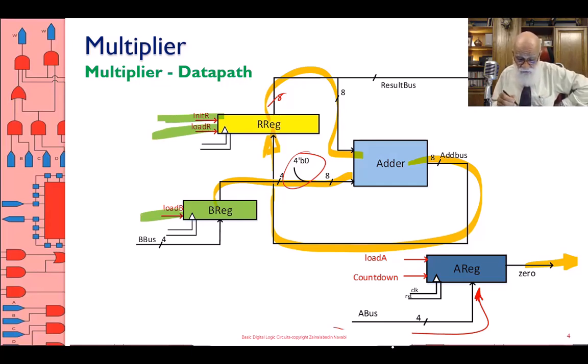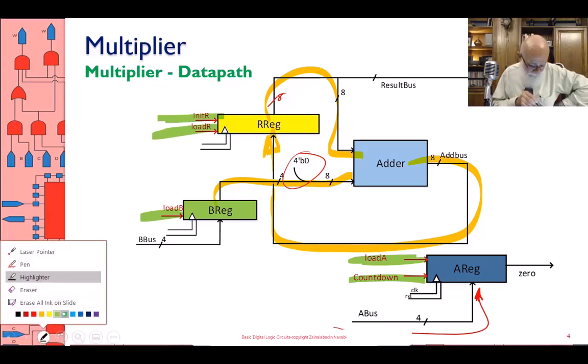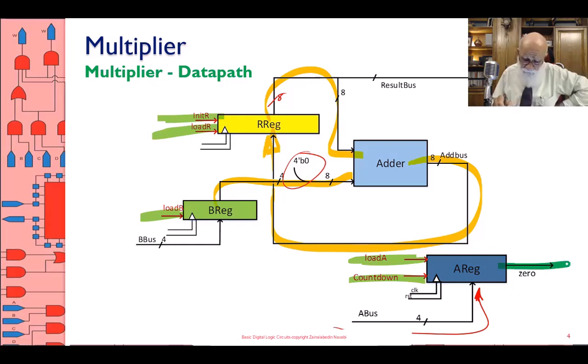Then I have the A register, which is a counter. Initially I load it. And once I load it, I need to control it and count down. And then we have a control signal that goes out, and that is the control signal that tells the controller that these guys have done enough adding, and it's time to declare the output is ready.